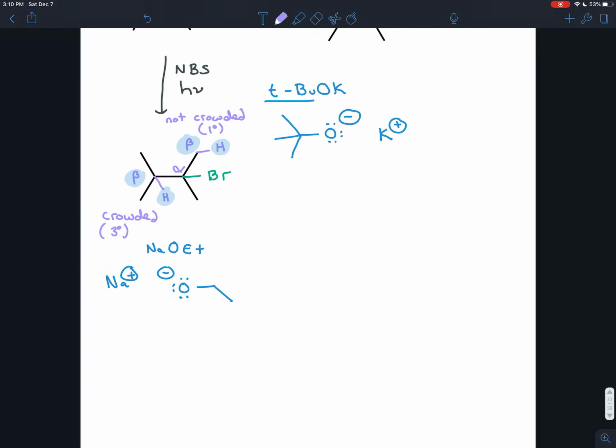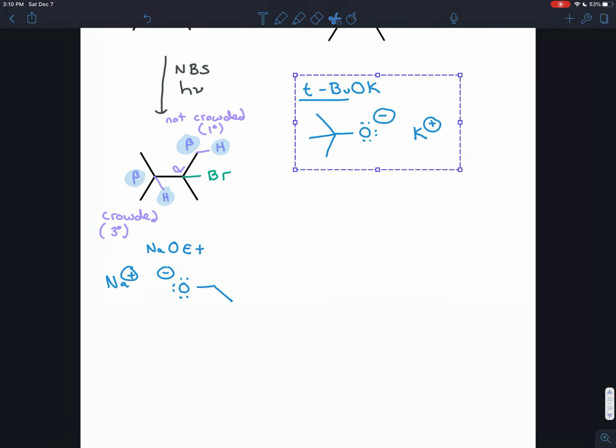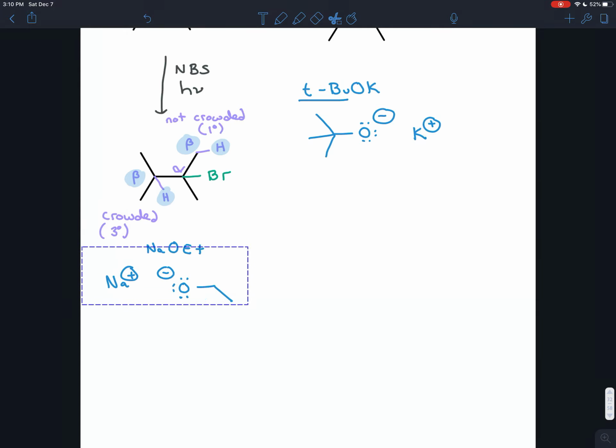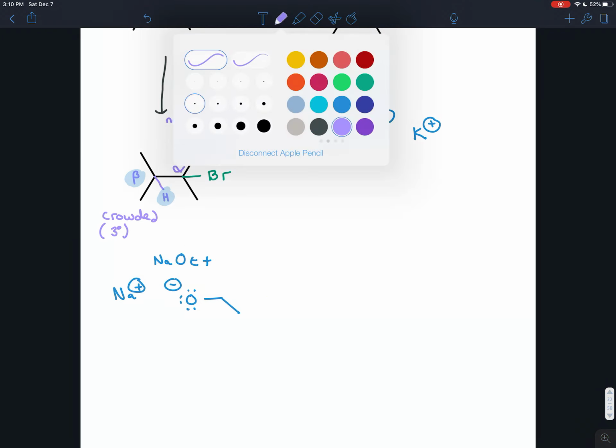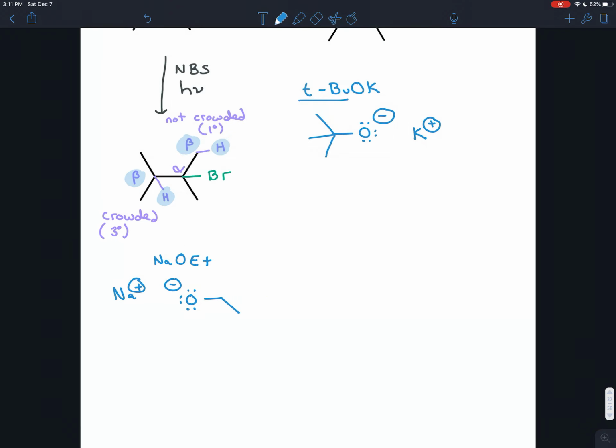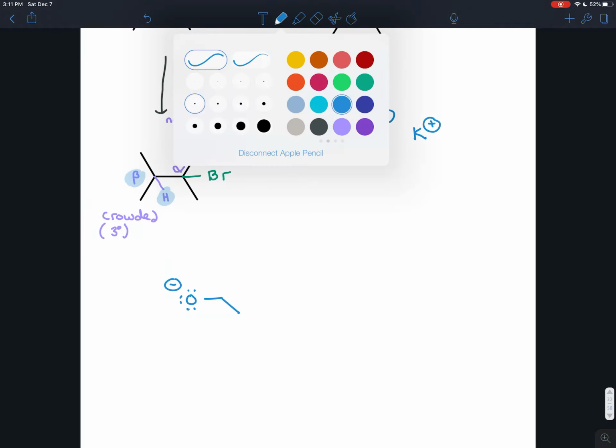So you can use different types of bases to prefer each of those types of hydrogens, each of those environments that the hydrogens are in. If you have a skinny base, like sodium methoxide, or sodium hydroxide, then it will attack the carbon in the more crowded position.